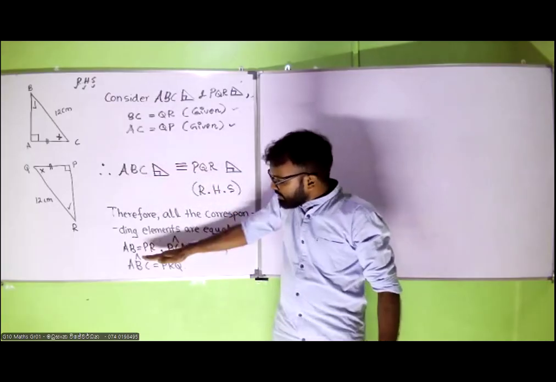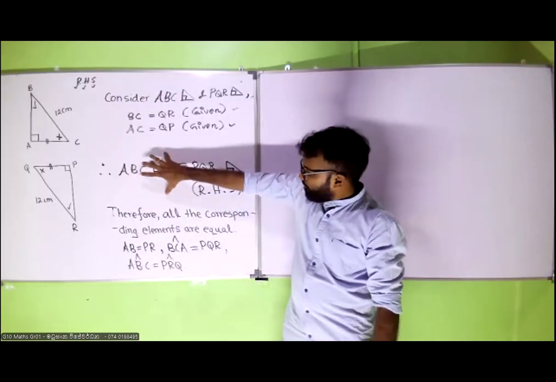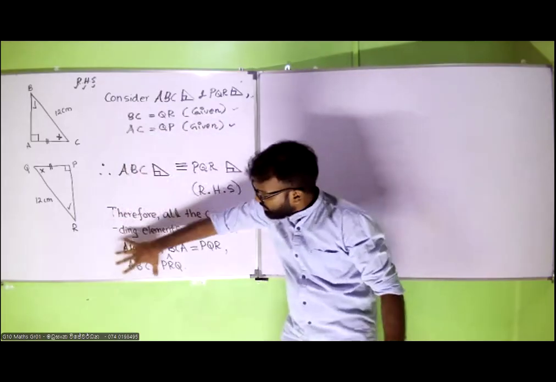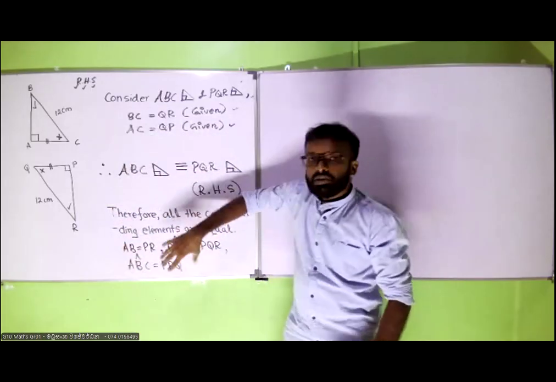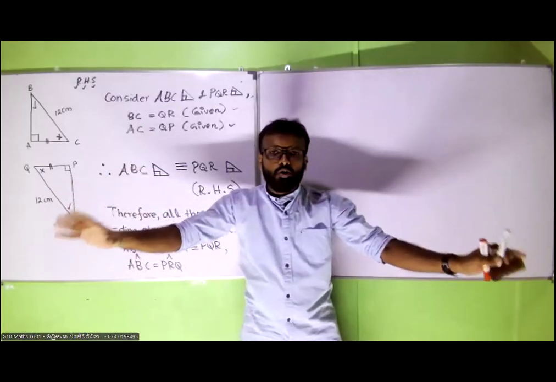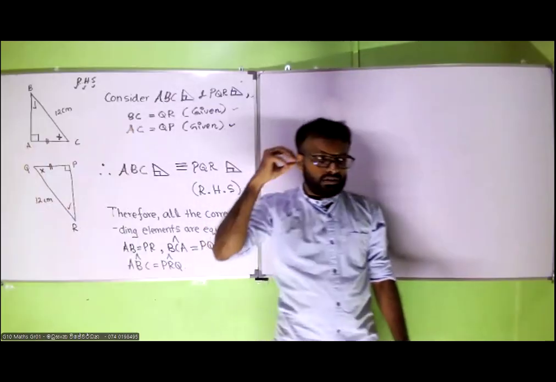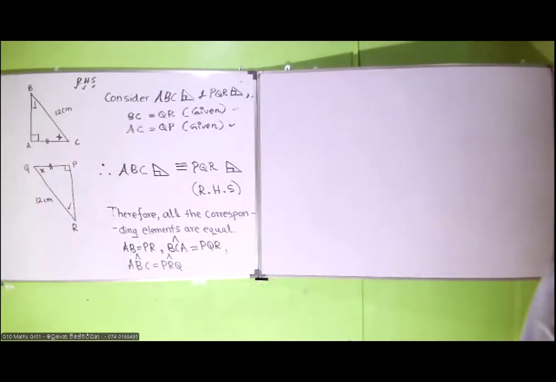If this happens, this happens. If this coincidence or congruence happens, all of these things happen at once. No need to think about the other elements at all. You just have to remember them.